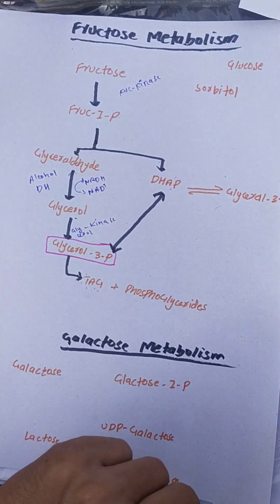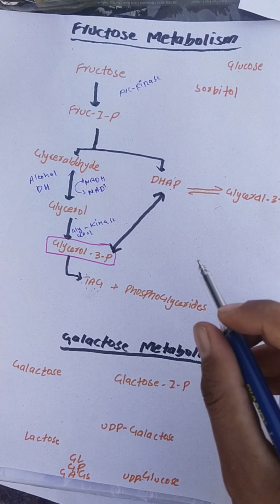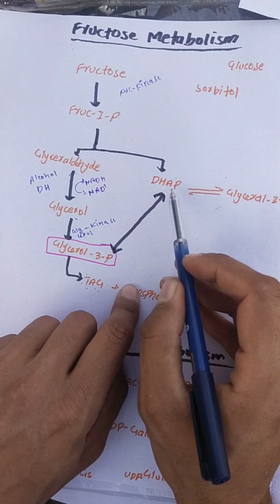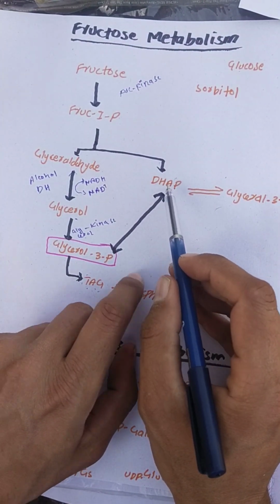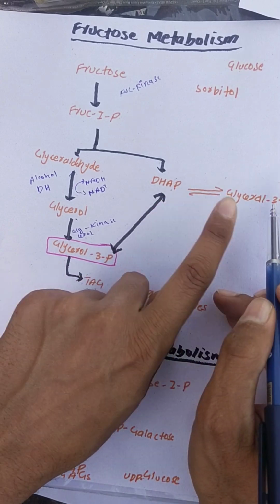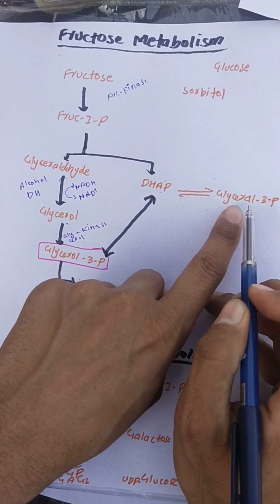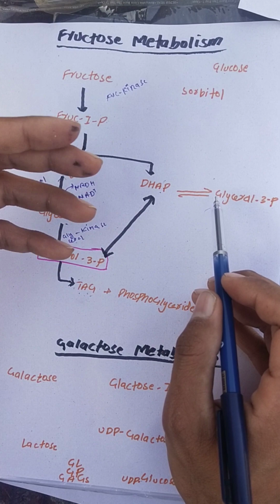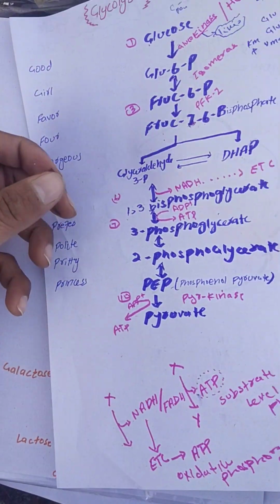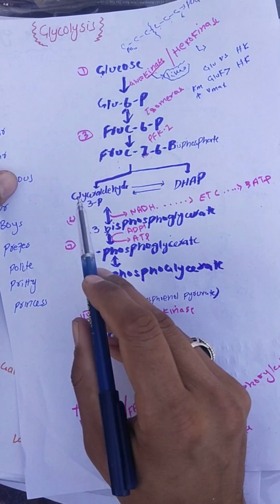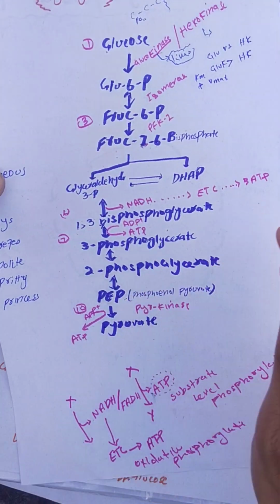In this reaction we also have dihydroxyacetone phosphate. Dihydroxyacetone phosphate can be converted into glycerol 3 phosphate, and this reaction was also present in glycolysis. Look, dihydroxyacetone phosphate and glycerol 3 phosphate can be interconverted into each other.